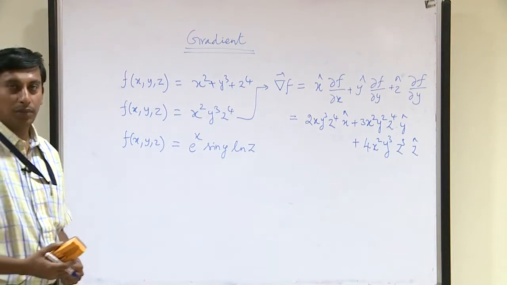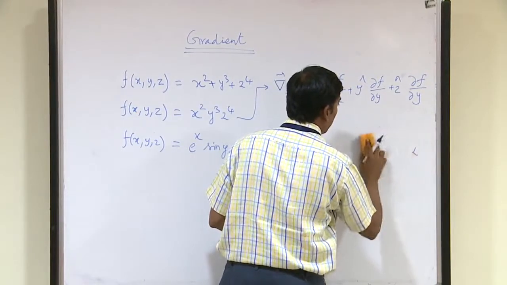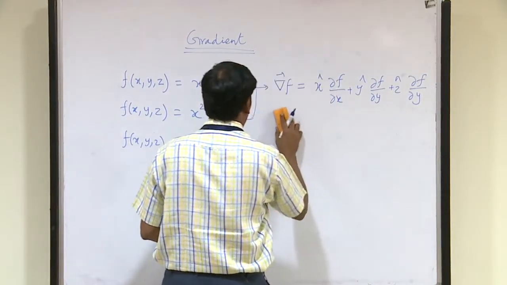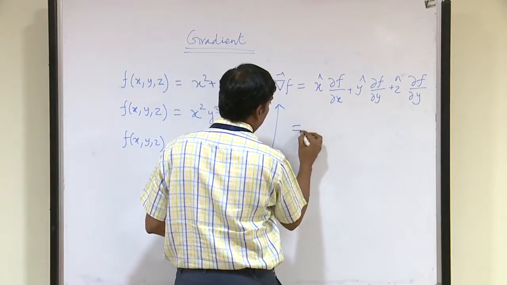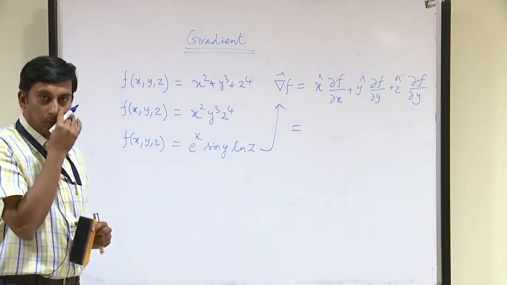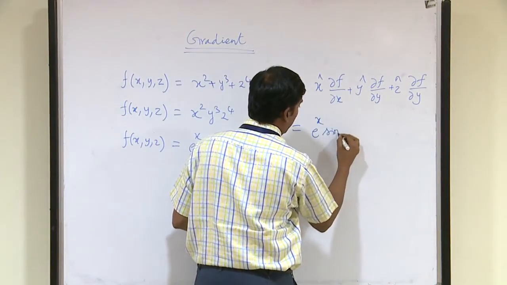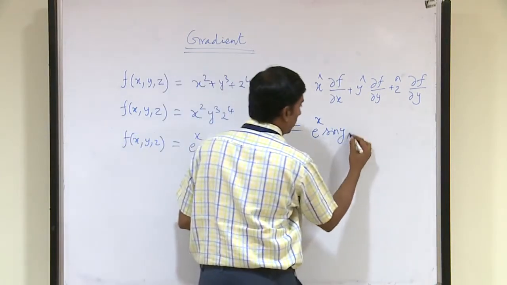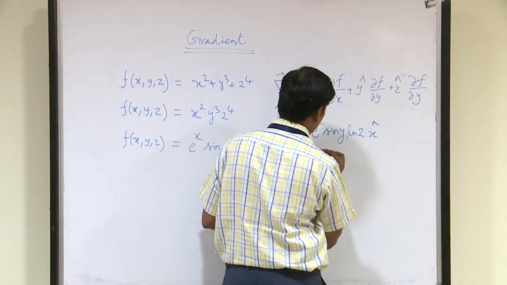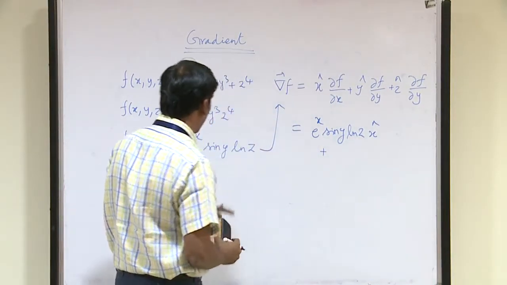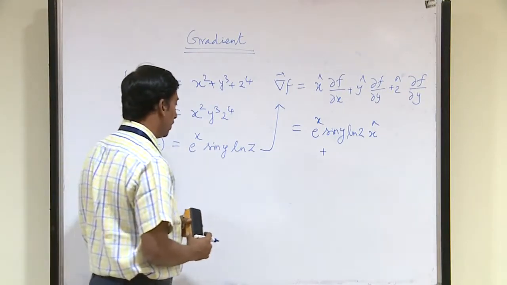We'll move to the next example. So what will this be in this case? So this is e power x sin y and ln z, where the y and z part is constant, into x cap plus, so with respect to y, these two are constant functions, so you have only the function of y which needs to be differentiated.